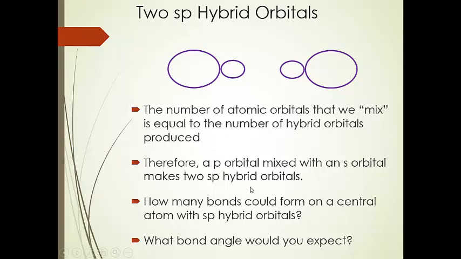Now, if we had two sp hybrid orbitals on a central atom, how many bonds could we form? Well, we're allowed to bond once to each orbital. So if both these hybrids are on a central atom, then we would be able to bond two things to it. And so if we can bond two things to it, what bond angle would we expect?